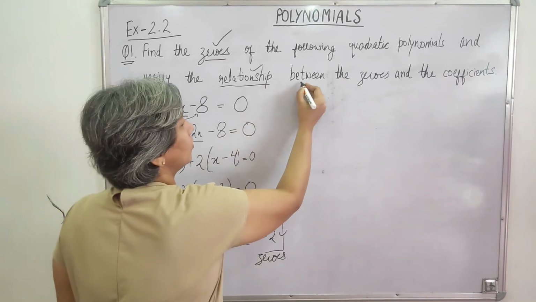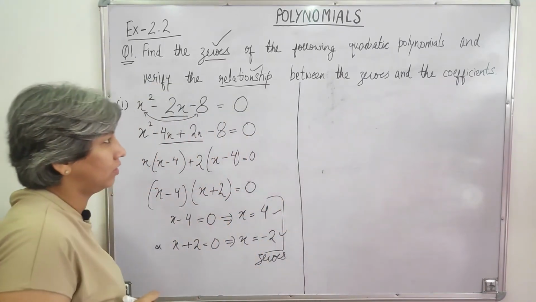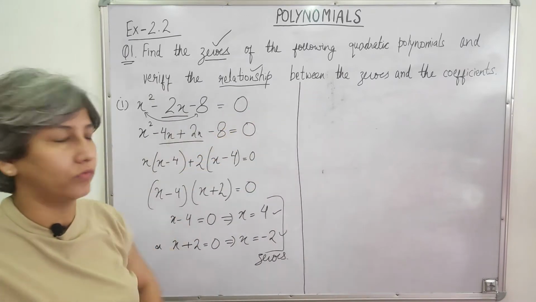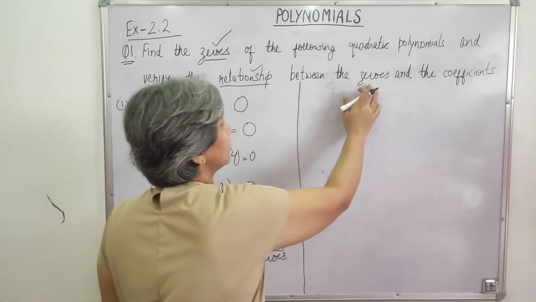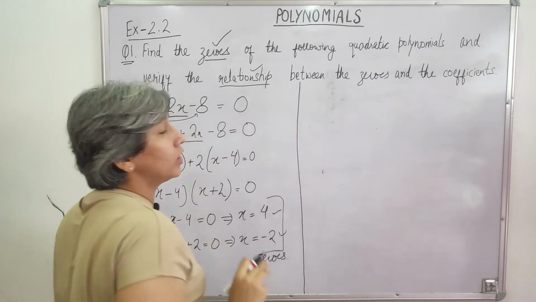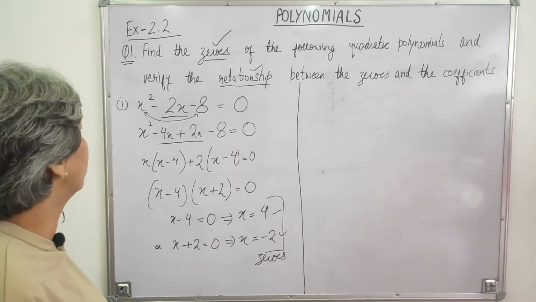And let's now establish the relationship between the zeros and the coefficients, right? Zeros are 4 and minus 2. Now to understand the relationship between zeros and coefficients, we need to see what the coefficients of this particular quadratic polynomial are.